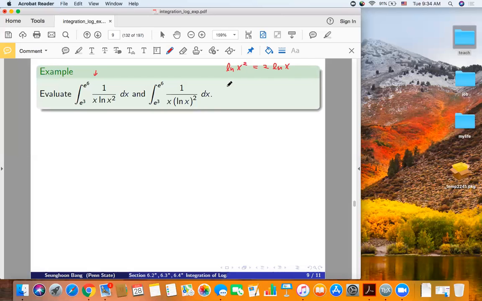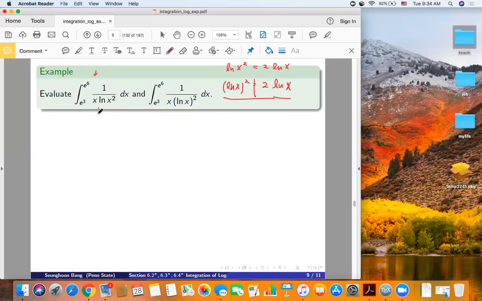What about the second one? The second one is 2 times ln of x. Is this right? What happened to the second one? No, no, don't do that.